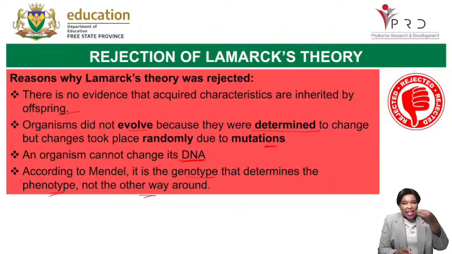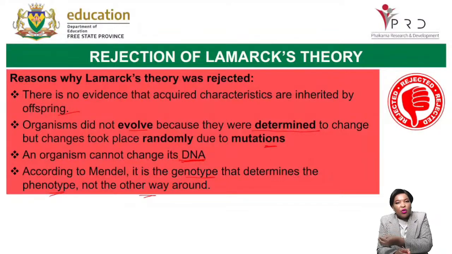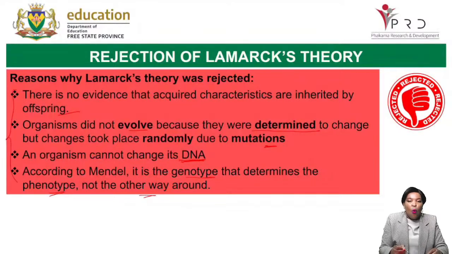No, the genes that you carry are the ones that give you your phenotype or your physical appearance. And if you pass those genes to your offspring, then yes, your offspring might have similar characteristics to you because you passed on the alleles or the genes that gave you those phenotypes. So these are the reasons why Lamarck's theory was rejected.